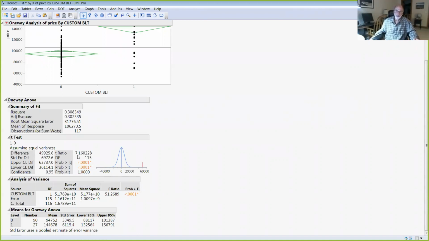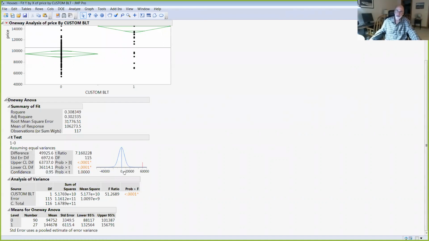And this t ratio over here is basically saying how many standard errors the difference that we found is away from 0, because the hypothesis we'd want to test here would be that there's no difference between the means. And we're saying, is there enough evidence to say there's a difference between the means? And so how many of these almost $7,000 standard errors is our difference of 50,000? It's 7.16 standard deviations away from 0.